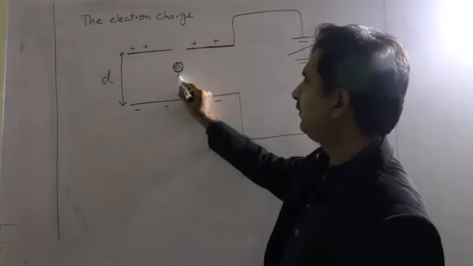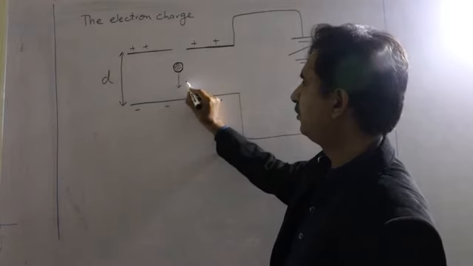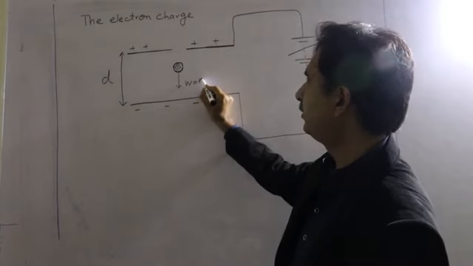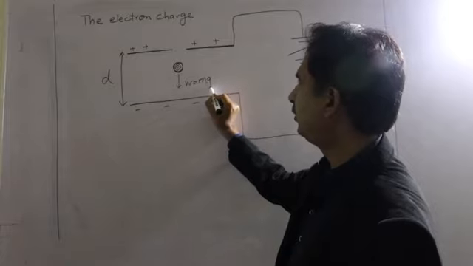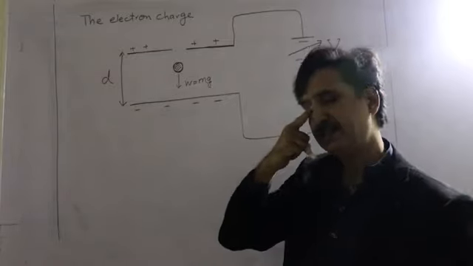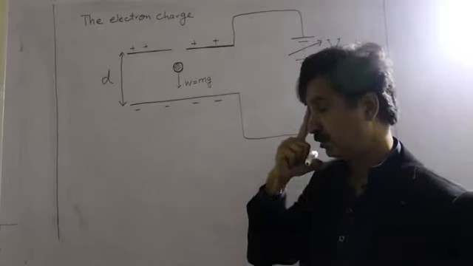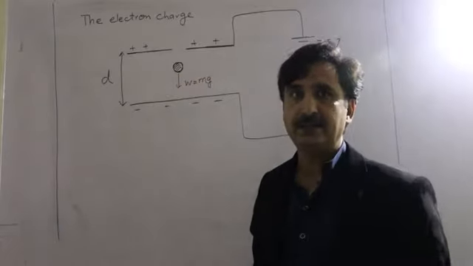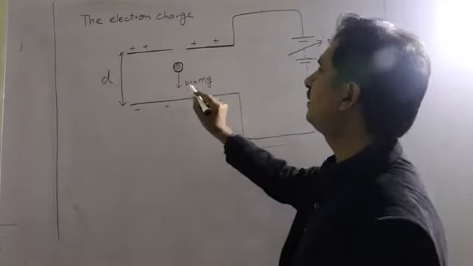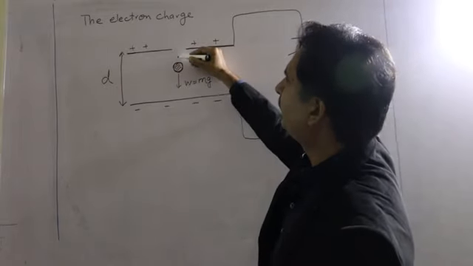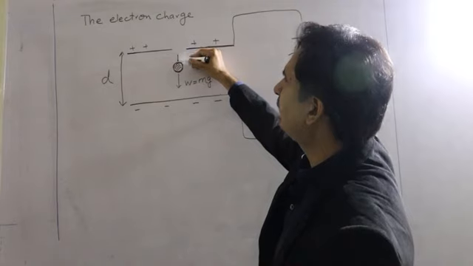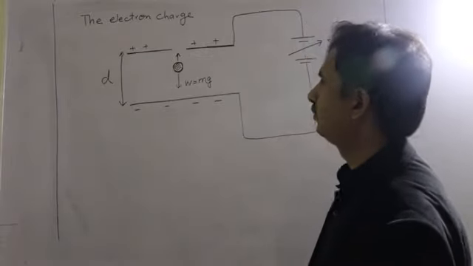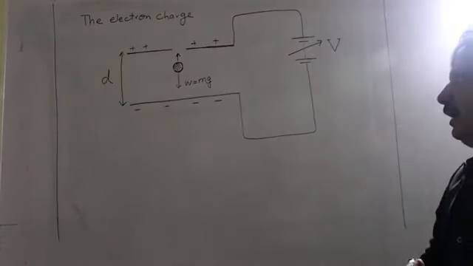A force of weight was acting downward. As you know, force of weight always acts downward. This is mg, mass of this particle times gravitational field strength. And the field was adjusted in such a way that there was an electric force acting on this particle upward.